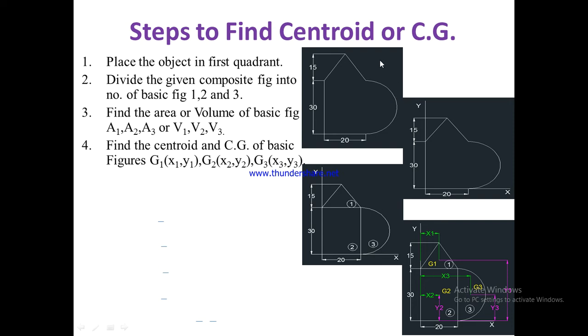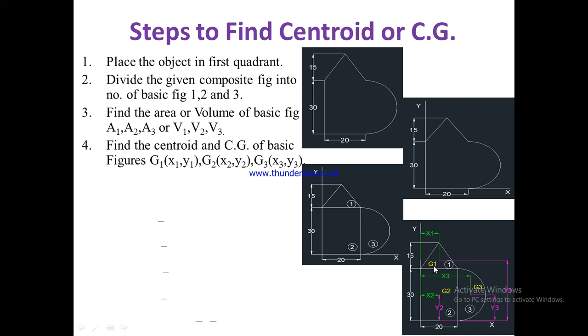But finding the centroid means finding the G of this composite figure, that is, the X and Y coordinates of this composite figure. We have placed the triangle's centroid as G1, the rectangle's as G2 and the semicircle's as G3. G1's coordinates are x1 and y1. Then G2 is x2 and y2, and G3 is x3 and y3.